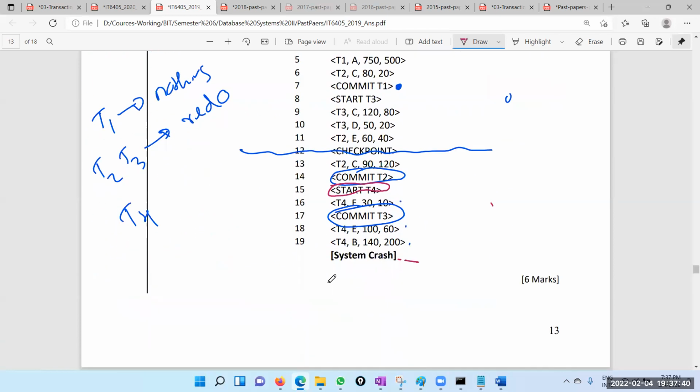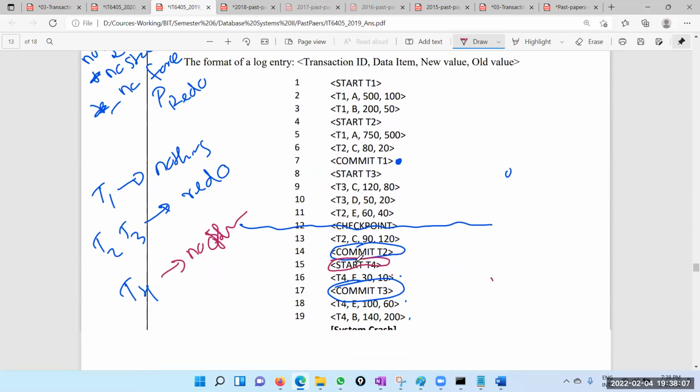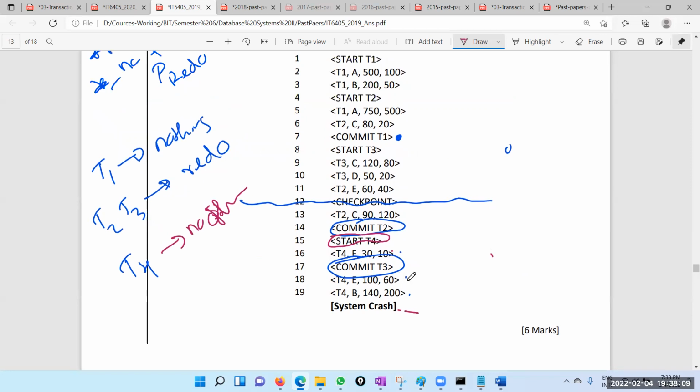So therefore, we don't have to worry about transaction 4 in these settings. Usually we have to undo if it is steal, but because this is no steal, you don't have to worry about the transaction 4 related data. Nothing to do, right? Because it is not going to be stolen. This is a no steal situation. So without committing, these things are not flushed. So therefore, again, nothing to do.